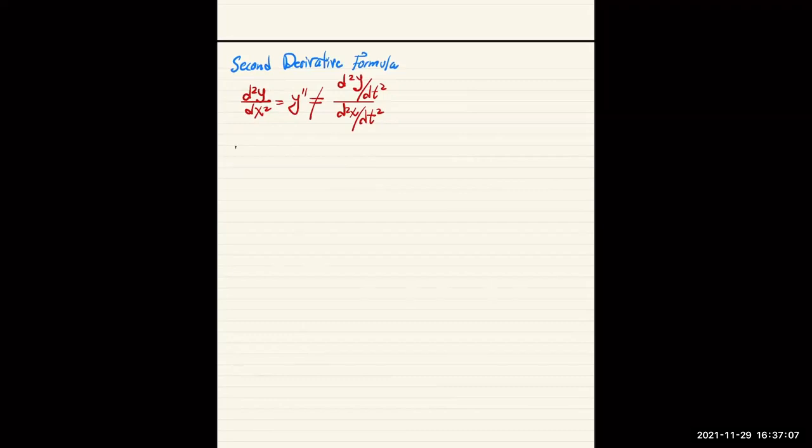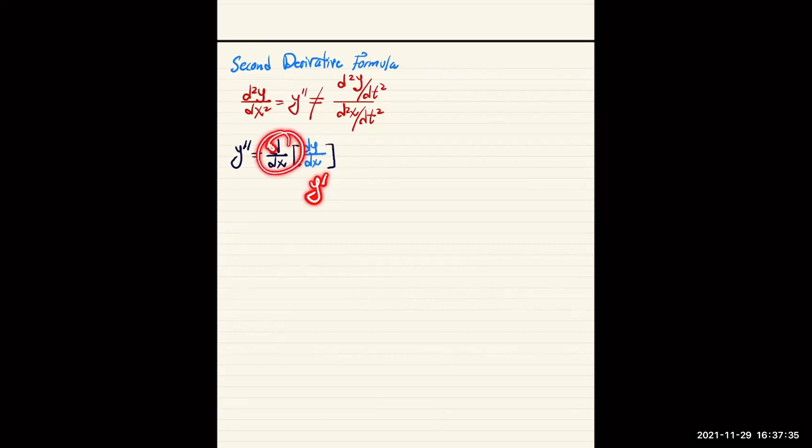Here, y double prime, guys, make sure you're paying attention. Y double prime is the derivative of the first derivative. You have dy/dx, which is y prime.